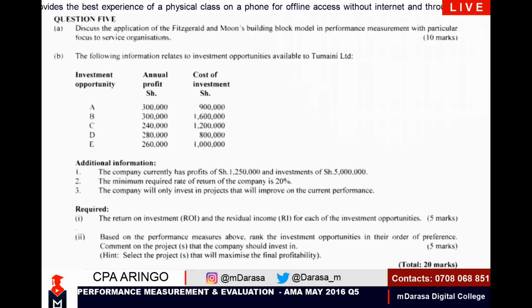So this is what you are told. Part 1 of the question, you are asked to discuss the application of the Fitzgerald and Moon's building block model in performance measurement with a particular focus to service organization.